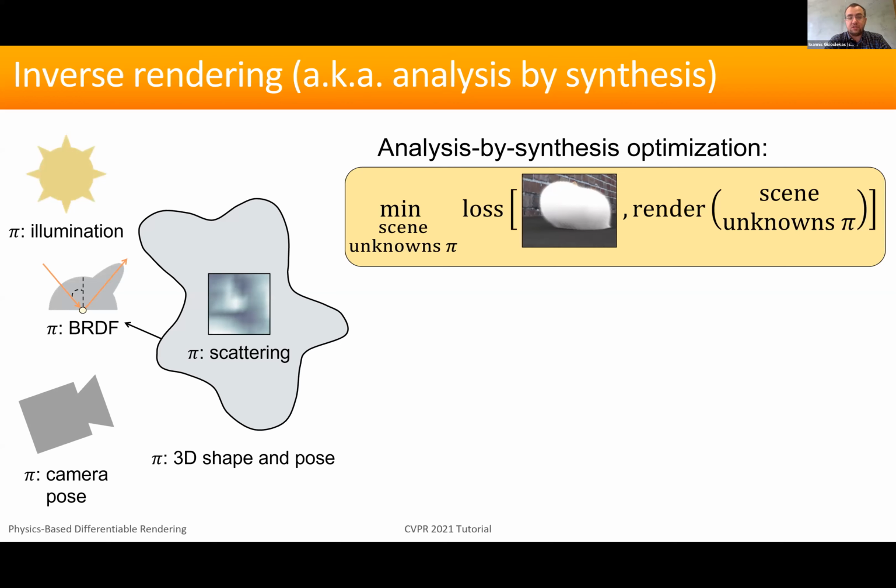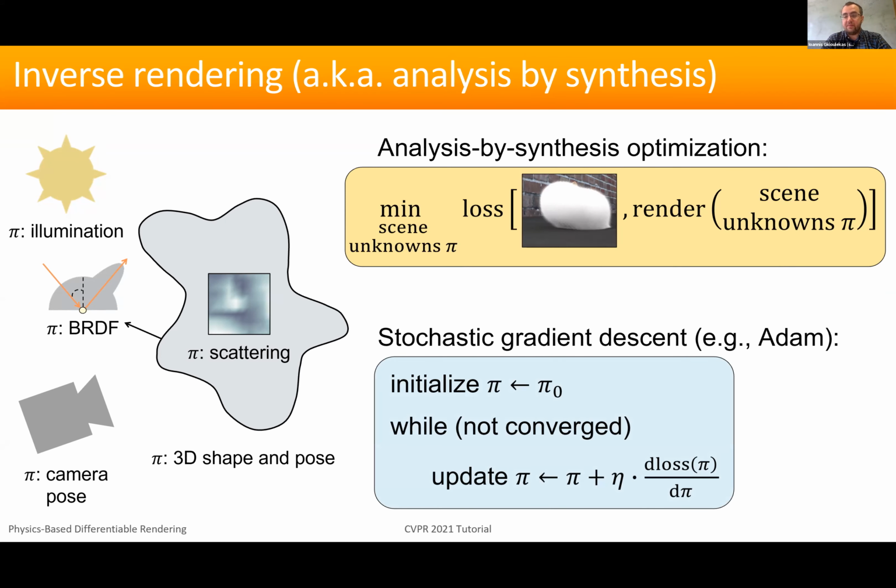And the scene unknowns, at least in the context of physics-based differentiable rendering, can be different types of physical quantities in a scene. For example, the shape or the reflectance or the scattering material of objects inside the scene, different parameters of the scene illumination, the brightness, the location, the type, an environment map, and so on, and different parameters of a camera, its pose, maybe its sensitivity function, and so on.